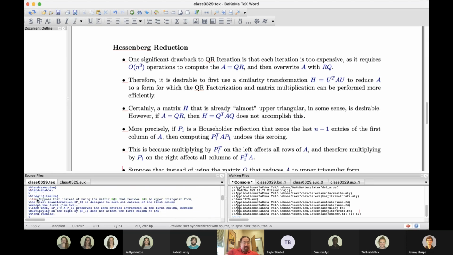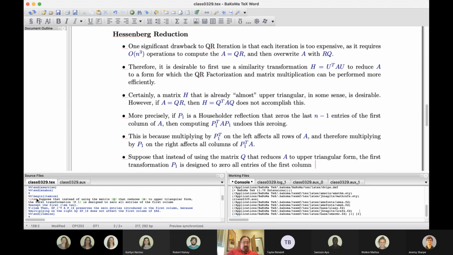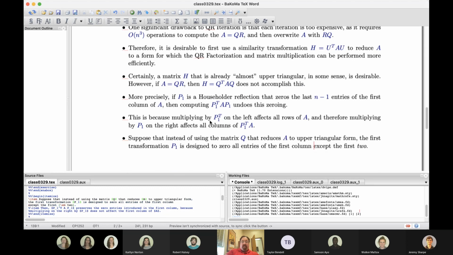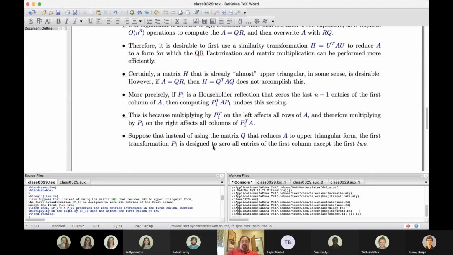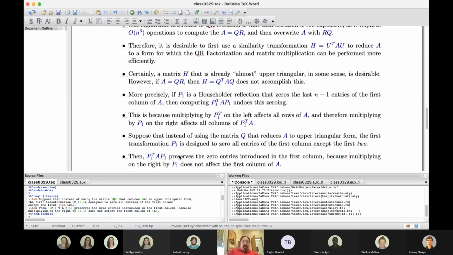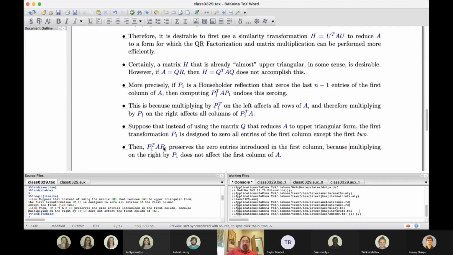So let's try this. Suppose we use a Householder reflection and we zero all entries of our first column again, except the first 2 entries. To do that, we don't need to touch the first row. This would only affect rows 2 through n. So then, when you multiply by P1 on the right, that will affect columns 2 through n. It won't touch the first column.